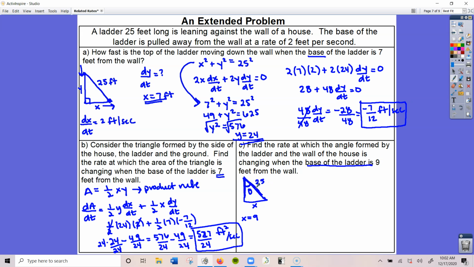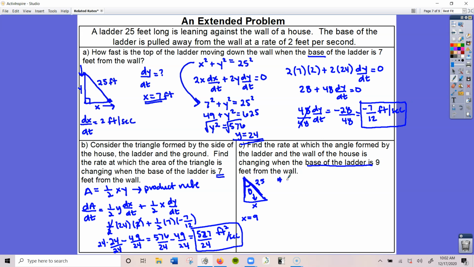So because we're looking for the rate at which the angle is changing, we need to use trigonometry. Anytime that you're trying to solve for an angle or the rate of change of an angle, we have to use sine, cosine, or tangent. Now, because this is the opposite and the hypotenuse, that means that we are going to use sine.